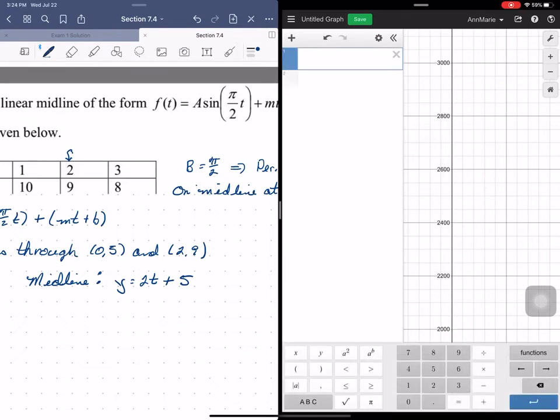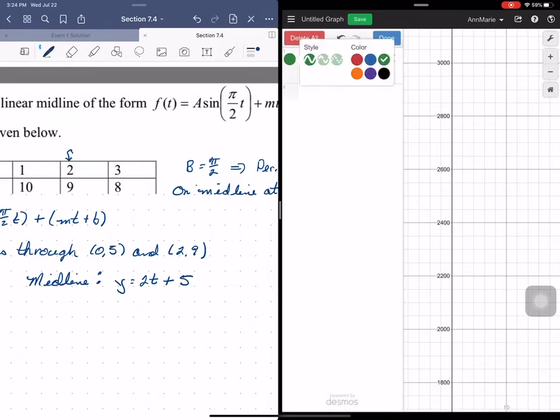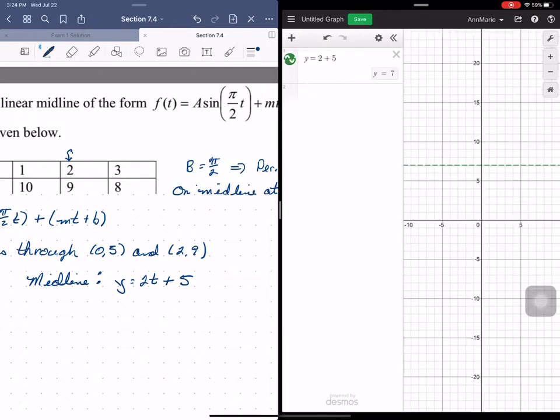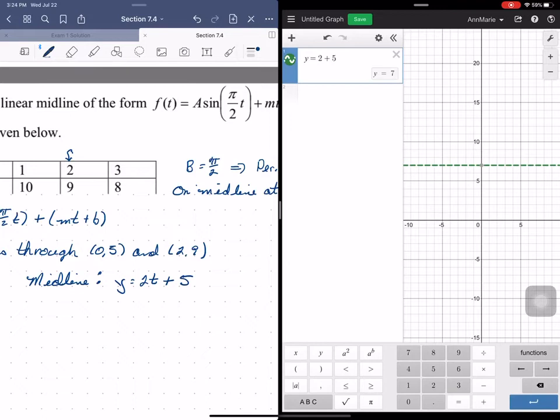Let's put that midline on there. y equals 2x plus 5. And I'm just going to make him dotted. Whoops, I need a 2x there, don't I? There we go. And let's go ahead and put my points on.